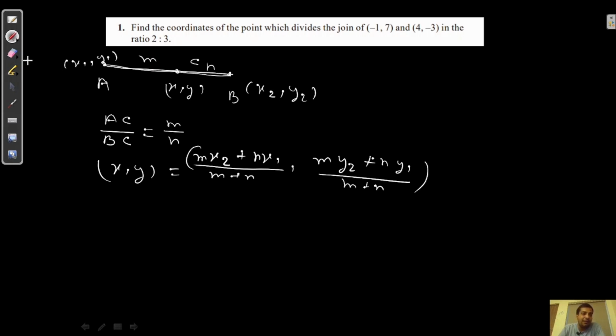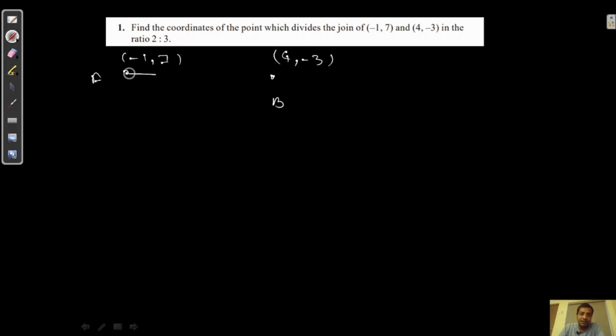So let us apply the formula to this particular question. As you can see, they are saying find the coordinates of a point which divides the join of -1, 7. So let us say there is a point A. The coordinates of point A are -1, 7, and we have one more point B, and the coordinates for it are, say with me, what is it? 4, -3.